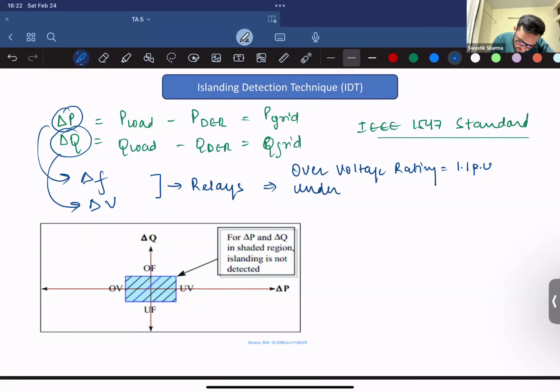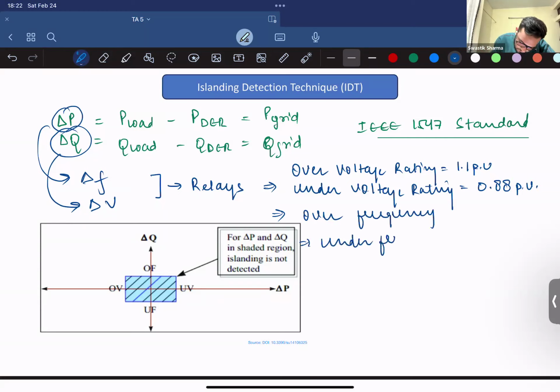Similarly, there is an under voltage set point or rating. It's, sorry, 0.88, I guess, per unit. I'm very bad with numbers. And then we have over frequency and under frequency. In the standard, it's basically for the US, since IEEE is a US organization.